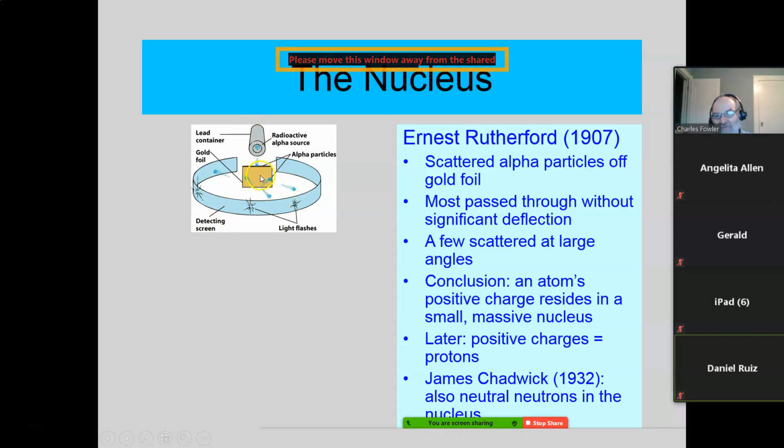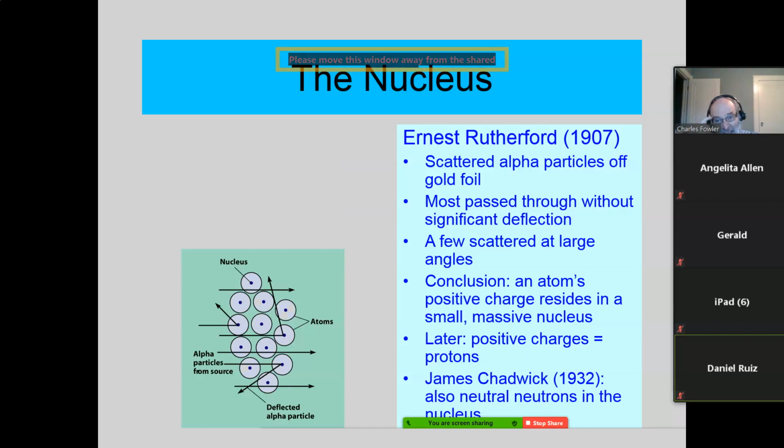A few, and very few, got bounced back this way, which is where he thought they were going to land initially. They didn't. Most of them came right through here. Now, what is this detecting screen? It's light flashes, and they had photosensors, and they were able to determine where most of the collisions occurred. Okay, so that was Rutherford's experiment that helped discover the nucleus of an atom.